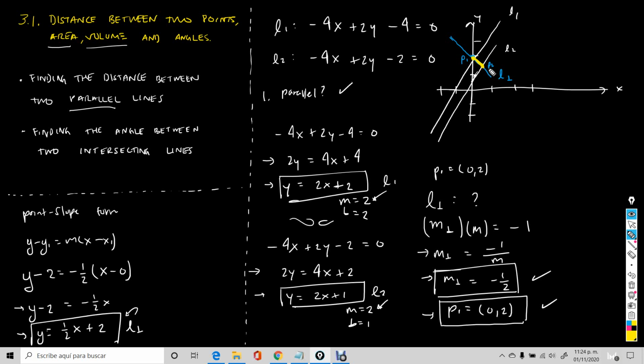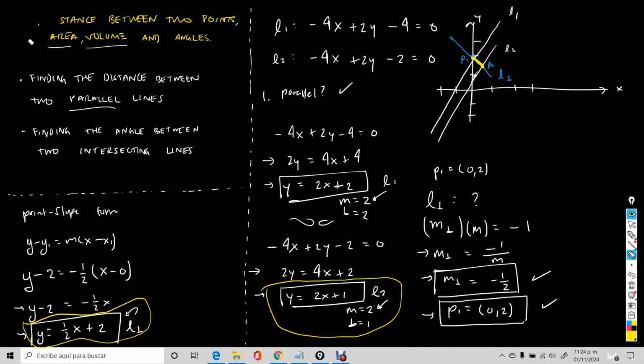And how do we find that point? What you need to do is, you know the equation of L2, which is this one. Do you know the equation of L perpendicular? Yes, it's right here. All that remains to be done, guys, is solving this system of two equations, which I can separate.